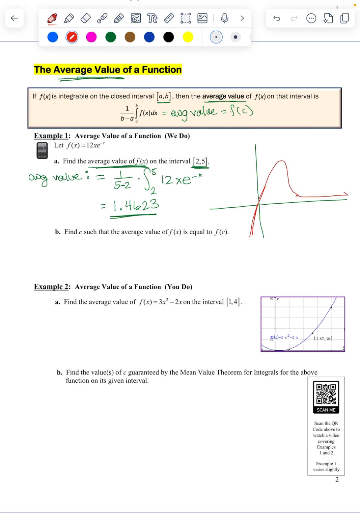It's not the best graph, but this is what you should see on your calculator. And what we solved for here is, let's call it f of c, from the mean value theorem for integrals. So we solved for the y value, 1.4623, on that graph.